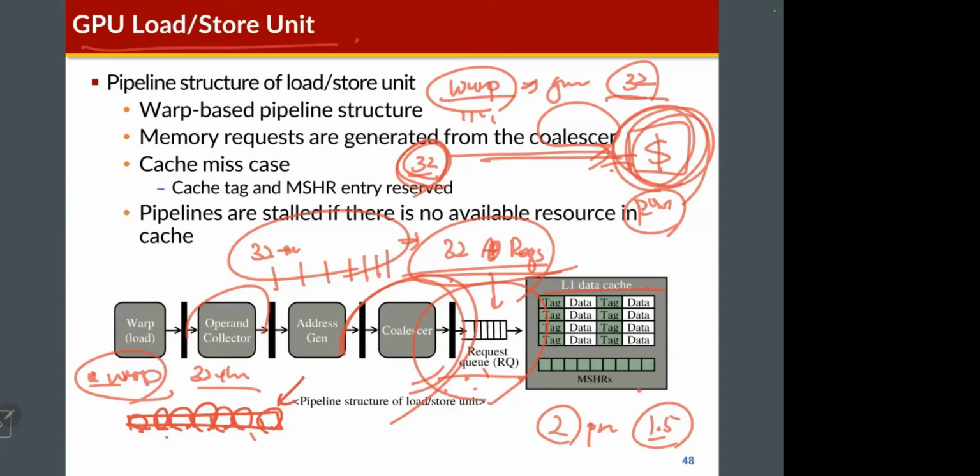The thread index x is 0 for this thread, 1 for the next, then 2, 3, and so on. So the thread index is incremented by 1 for each neighbor thread, and each thread usually accesses an array element.